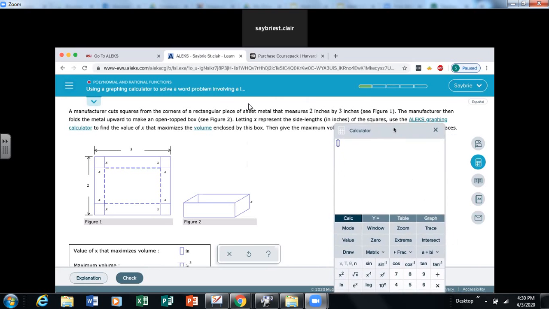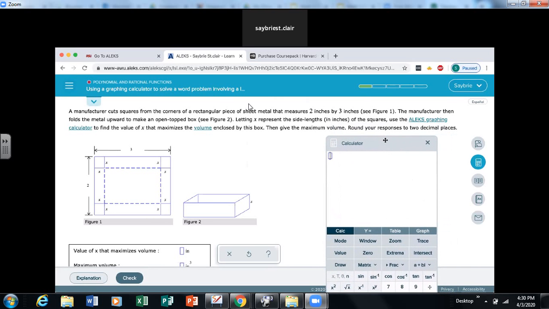Okay, so that has two of those pieces being taken off. So that top part would be 3 minus 2x divided by 2.